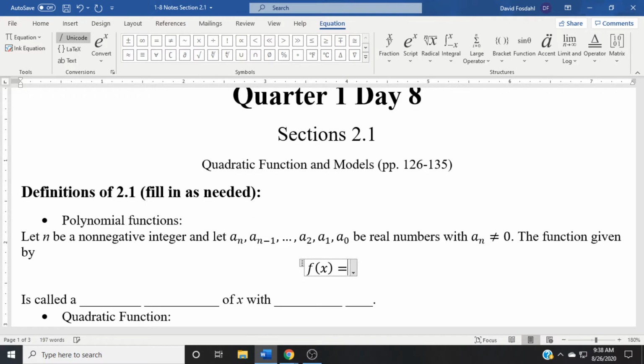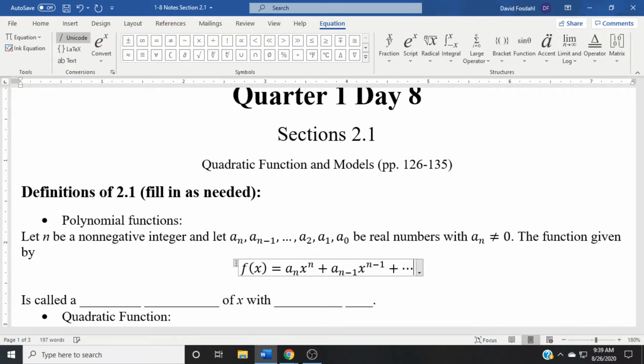So f of x equals a sub n x to the n. And these are going to kind of follow the same pattern. Plus a sub n minus 1, x to the, you guessed it, n minus 1. So the letter a sub something is always going to go with the same power.